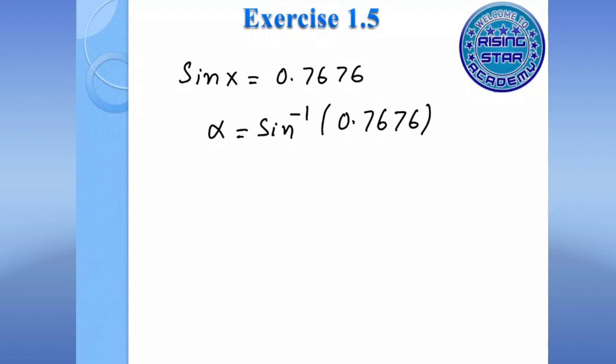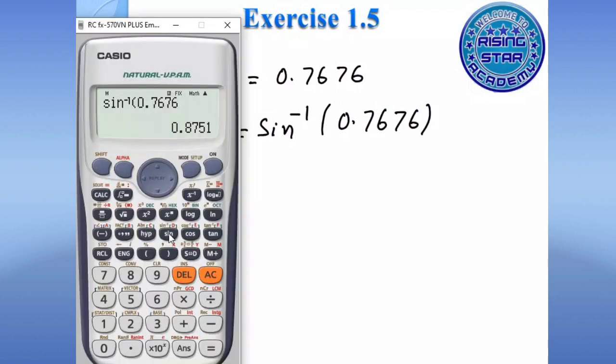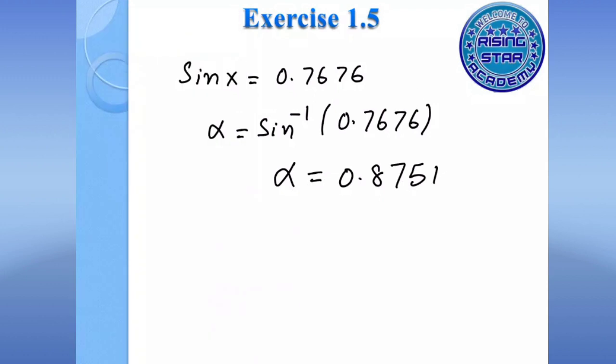So I will use the calculator to simplify. So here we have 0.8751. So our alpha value would become 0.8751.